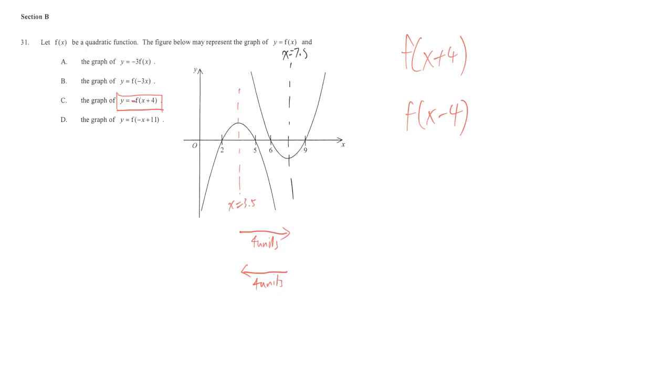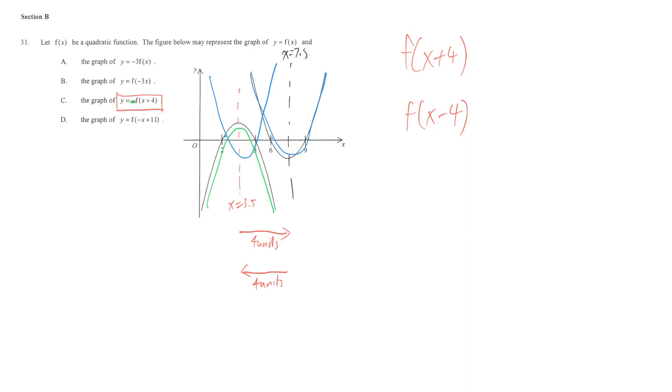Which means that this curve moved to the left hand side by 4. So 6 minus 4 we get 2. 9 minus 4 we get 5. And then finally we flip it upside down. That means we multiply a negative to the result. Then the answer is C. So that's how I get it.